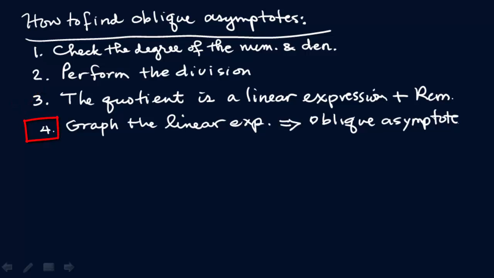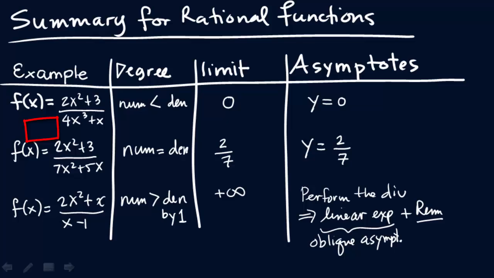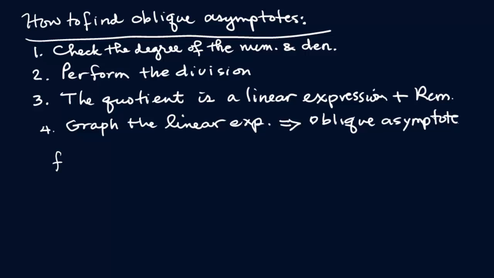Let's go back to the previous example, and we take that and do the division. So we let f of x equal to 2x squared plus x divided by x minus 1.